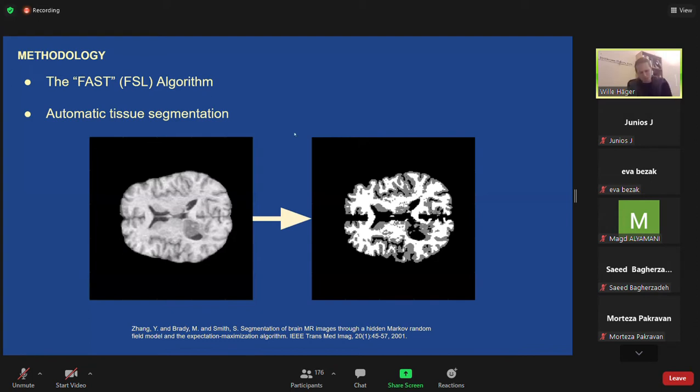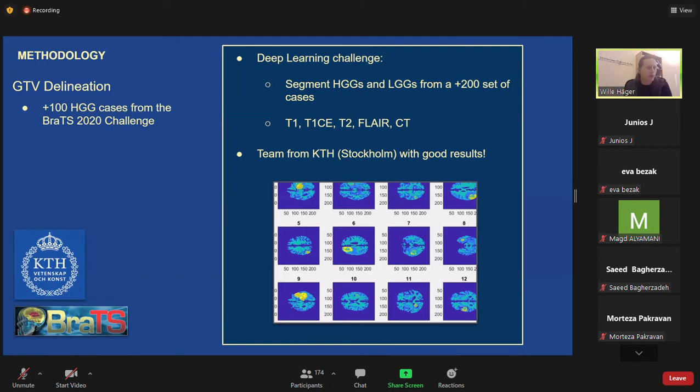Now, we also wanted GTVs because we wanted to look at actual cases of high-grade gliomas. And to do this, we got access to the BRATS 2020 challenge data. Now, this was a deep learning challenge where different teams had a contest of which one could come up with the best algorithm to segment GTVs from a given data set.